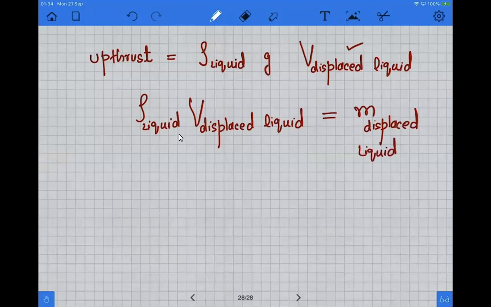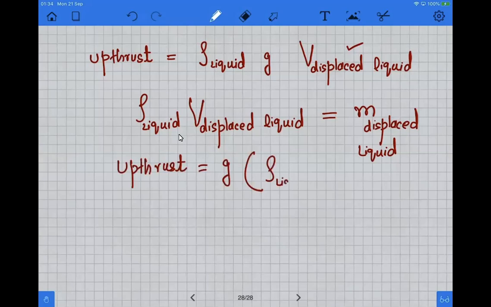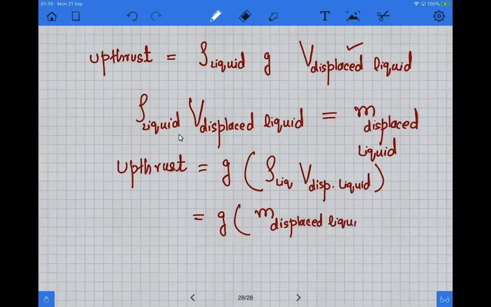So the final form of this formula will become, upthrust is equal to G times density of the liquid into volume of the displaced liquid, which finally will become G times mass of the displaced liquid. And you know, M into G will be the weight.